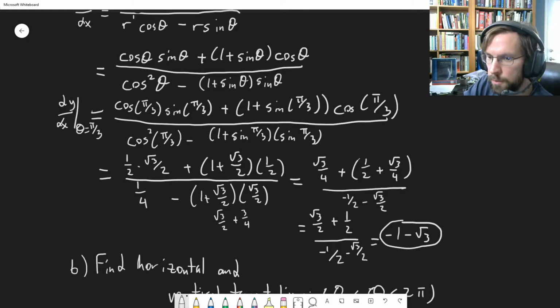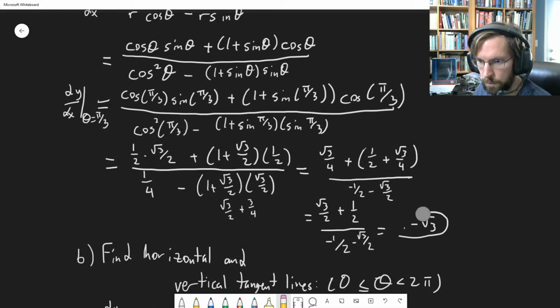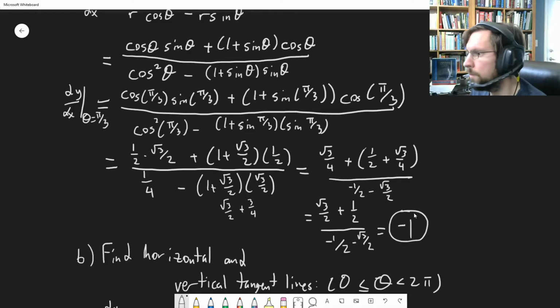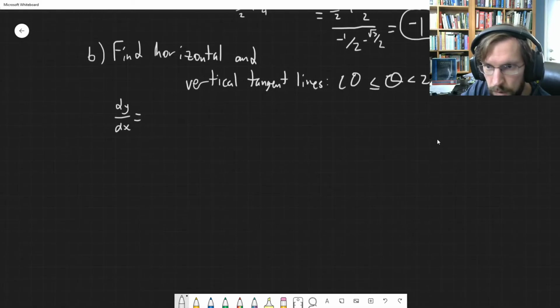Oh, that's even better. Okay, because you have 1 minus root 3 over 2 in the denominator and 1 plus root 3 over 2. So this should just be negative 1. Okay. Again, the comment about negative slope still occurs.